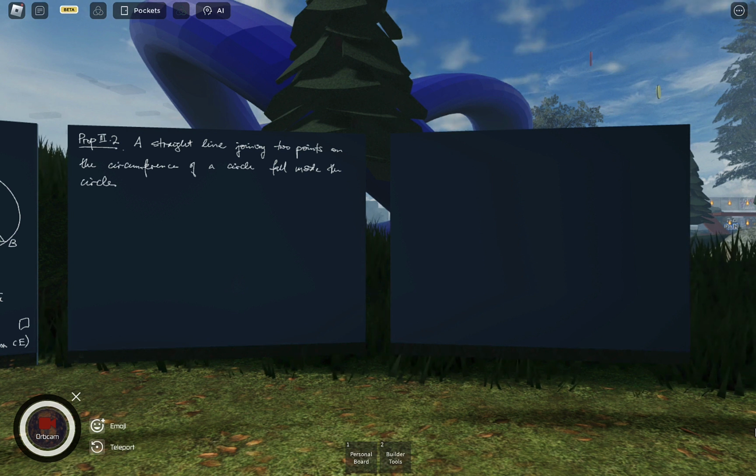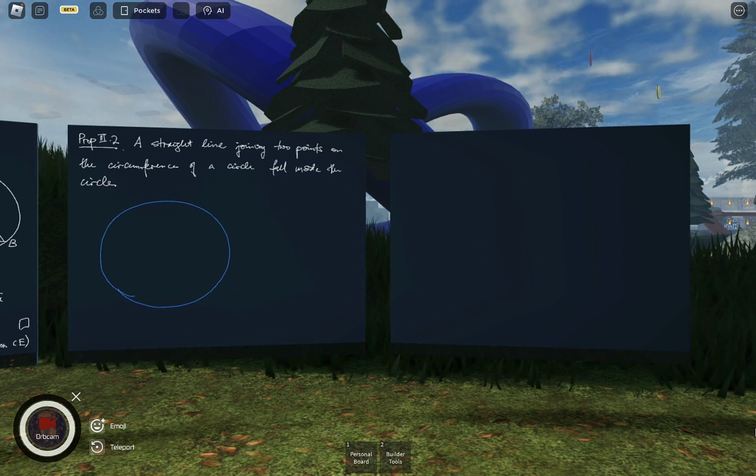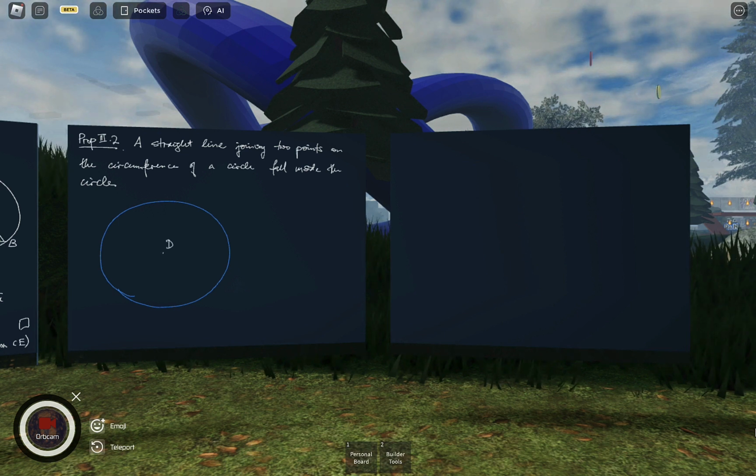So we have to draw a circle. Hopefully I can draw a reasonably good one. There we go. So we're going to use the previous proposition to find the center of the circle, which we'll call D. There we go, D. Okay, we're going to call the points on the circle, let's suppose we're given these points, A and B. Okay, and we're going to join these.